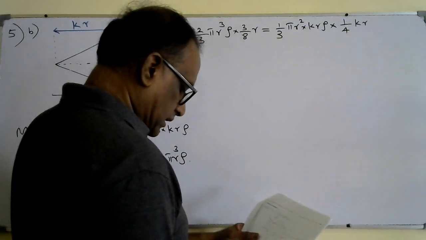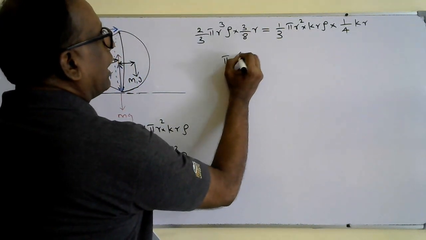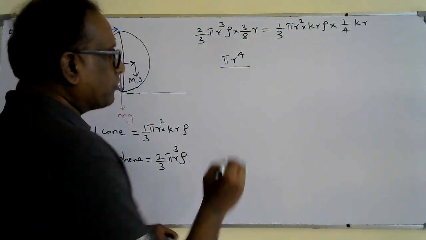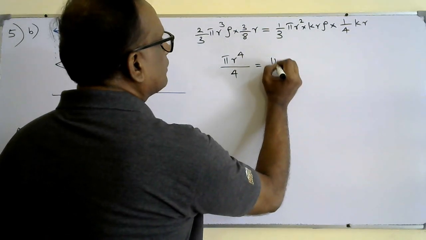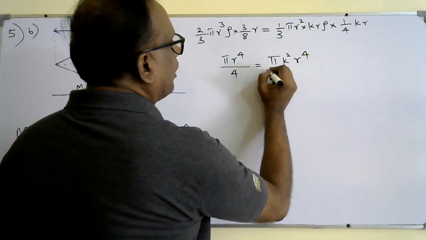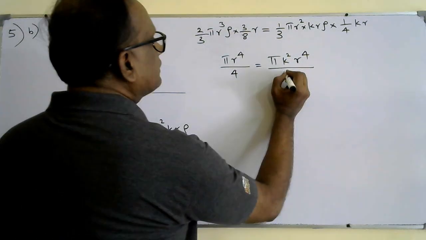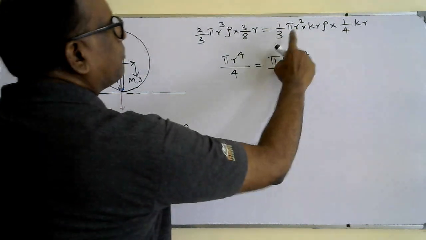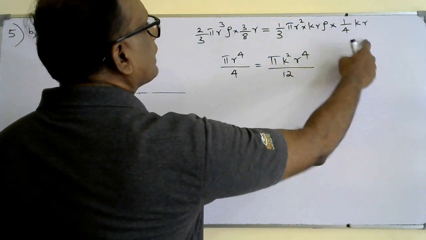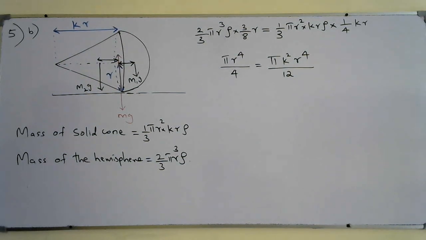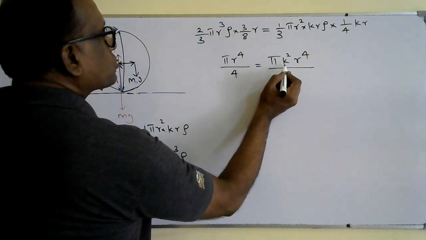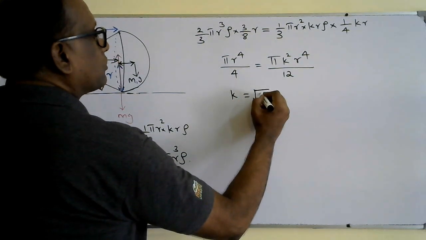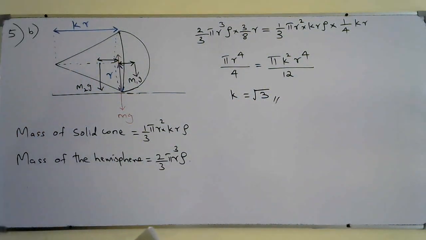You will get pi r to the power 4 over 4 equal to pi k squared r to the power 4 over 12. Check it. Rho will get cancelled on both sides, pi gets cancelled, 4 here, 3, k squared. So k will be equal to square root of 3. That's the answer.